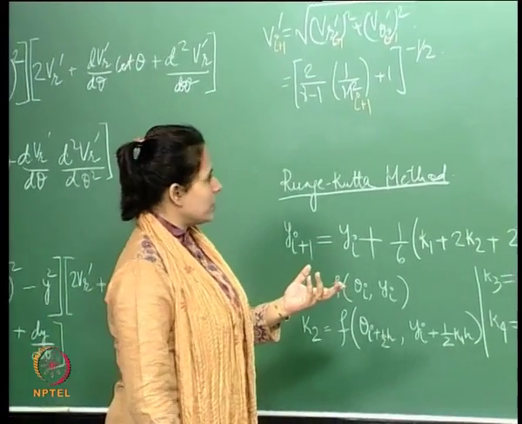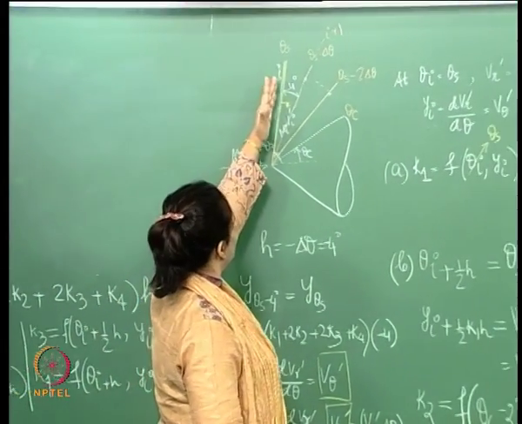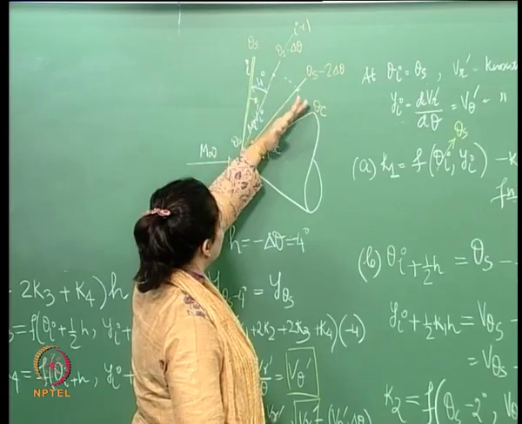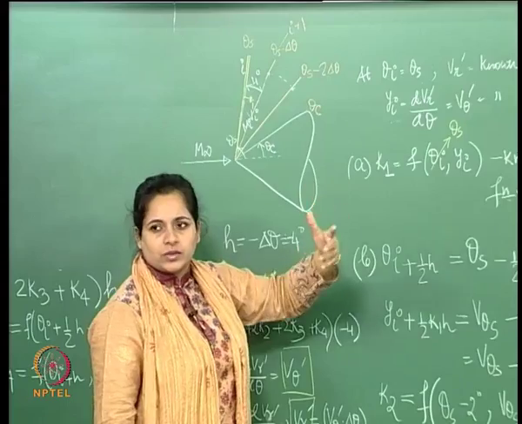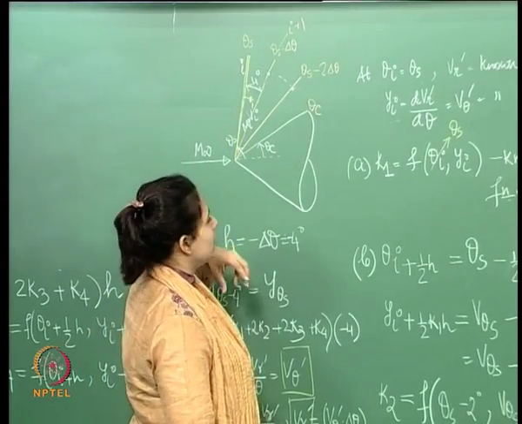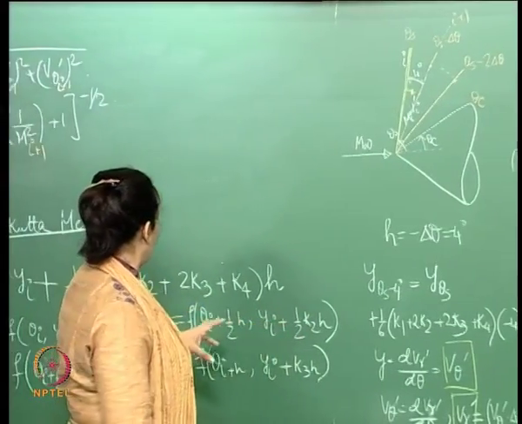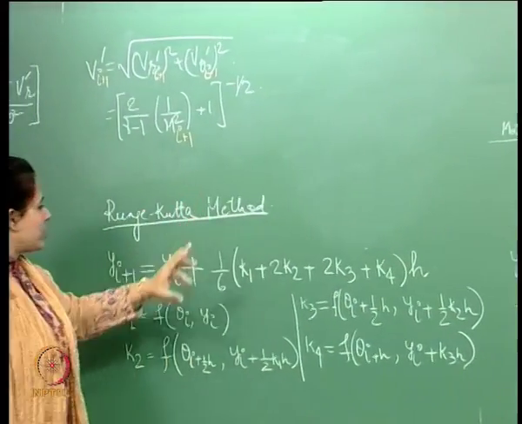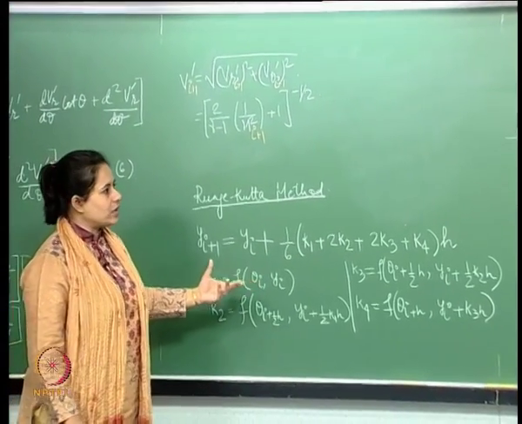If you do this, you can take more and more of these radial lines, divide this theta into more lines, and that gives a better estimation of properties in this region. So, the numerical aspect of the Runge-Kutta method is this. It's pretty straightforward actually.